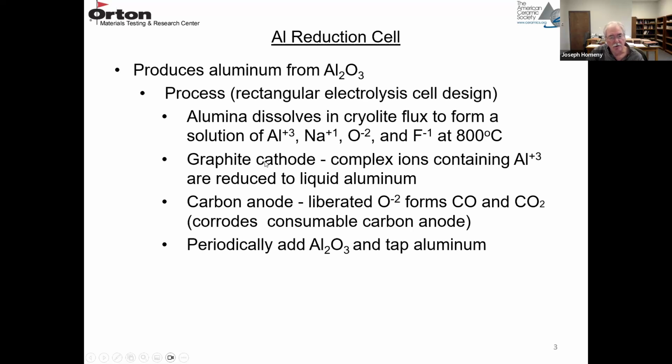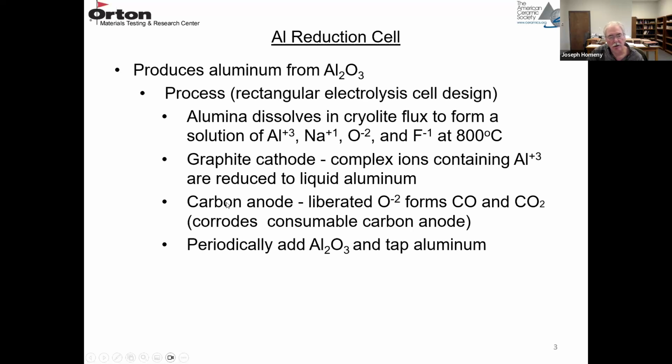So we have a graphite cathode and a carbon anode. So at the graphite cathode, these complex ions, which contain Al+3, are reduced to liquid aluminum. So the Al+3 is reduced to aluminum metal.